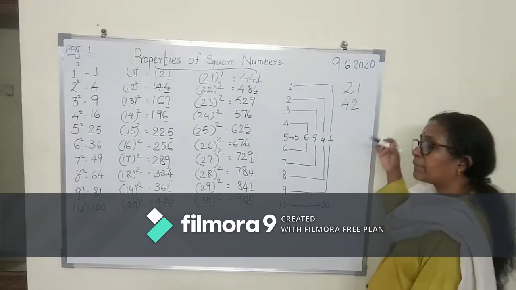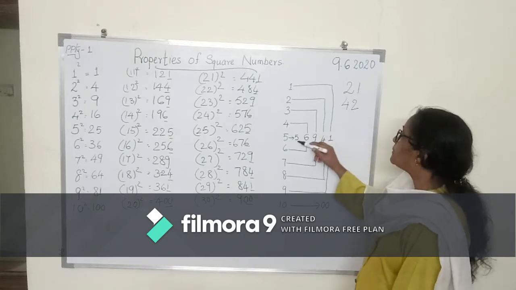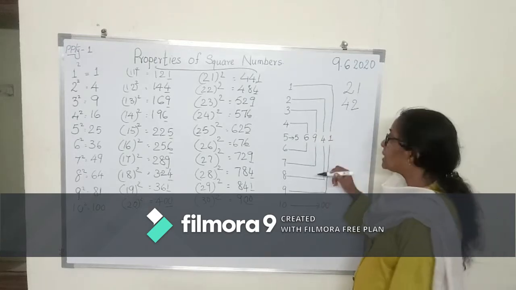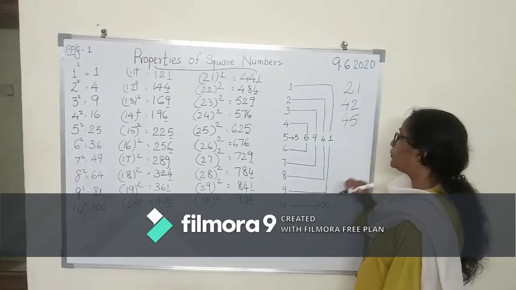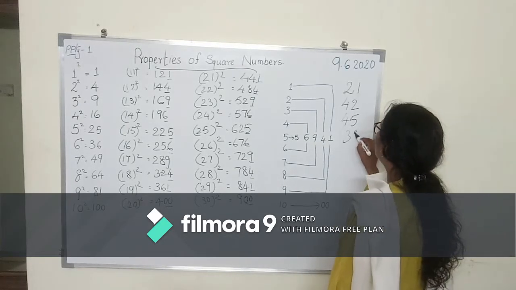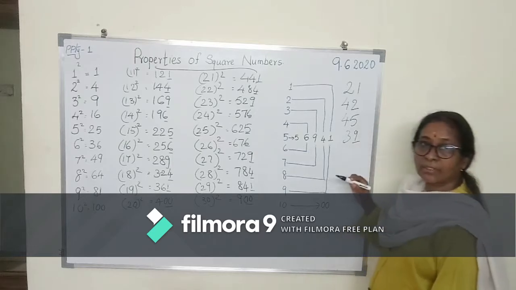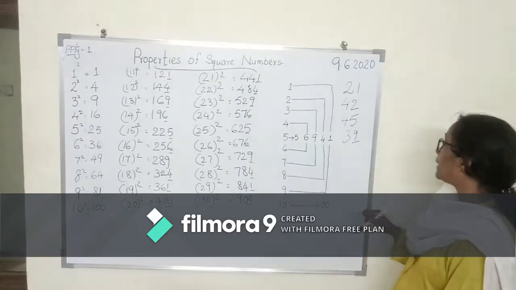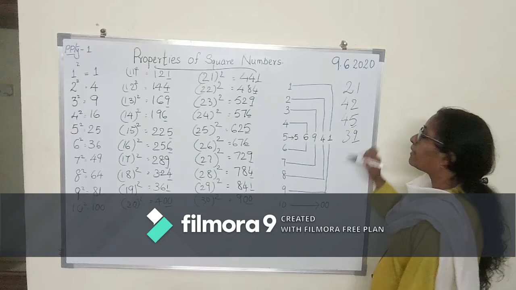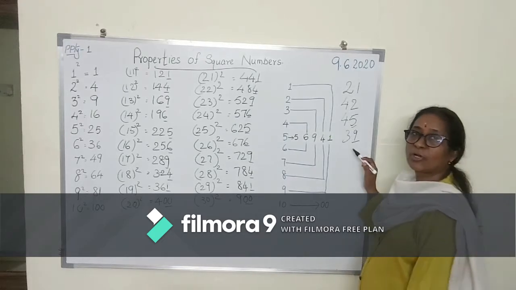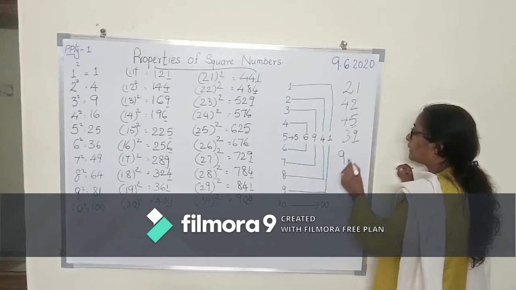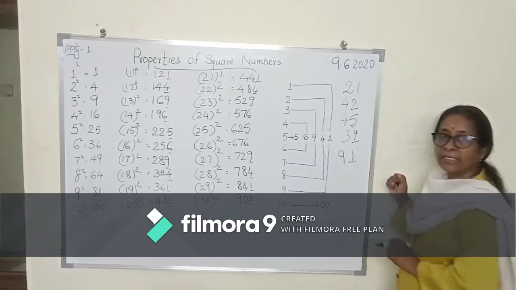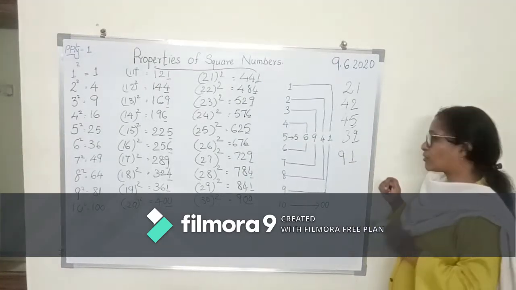No. If I write 45, is it a square number? No. 39 has 9 in the unit place, but that is not a square number. 45 has 5 in the unit place, but it is not a square number. Similarly, if I write 91, the unit place is 1, but 91 is not a square number.